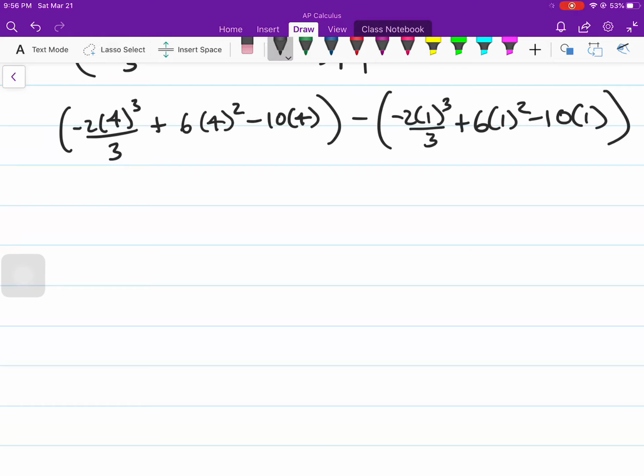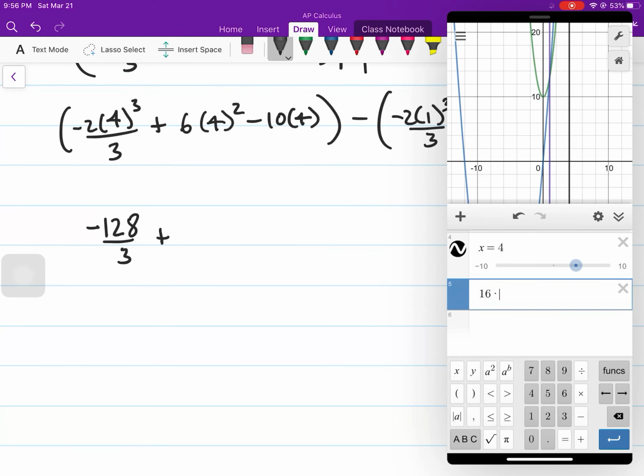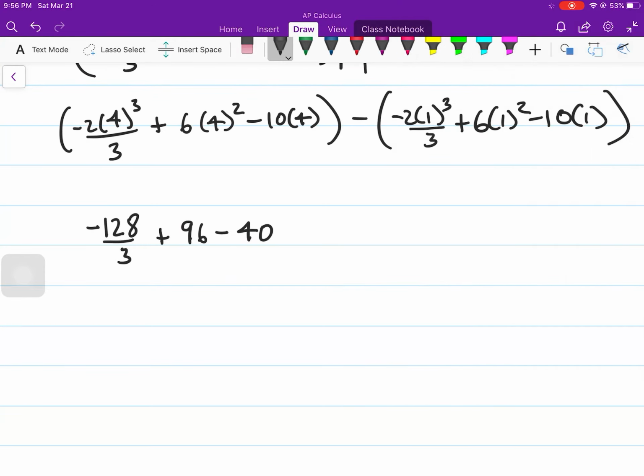And then 4 cubed is 64 times 2 is 128, so negative 128 over 3 plus 16 times 6. Kind of having trouble with that off the top of my head. 16 times 6 is 96 minus 40. And then that minus negative 2 over 3 plus 6 minus 10.